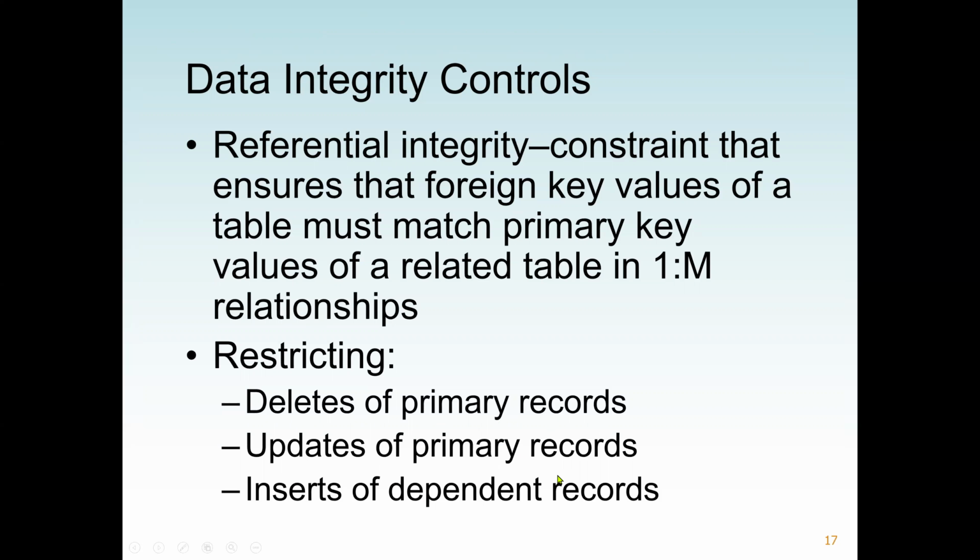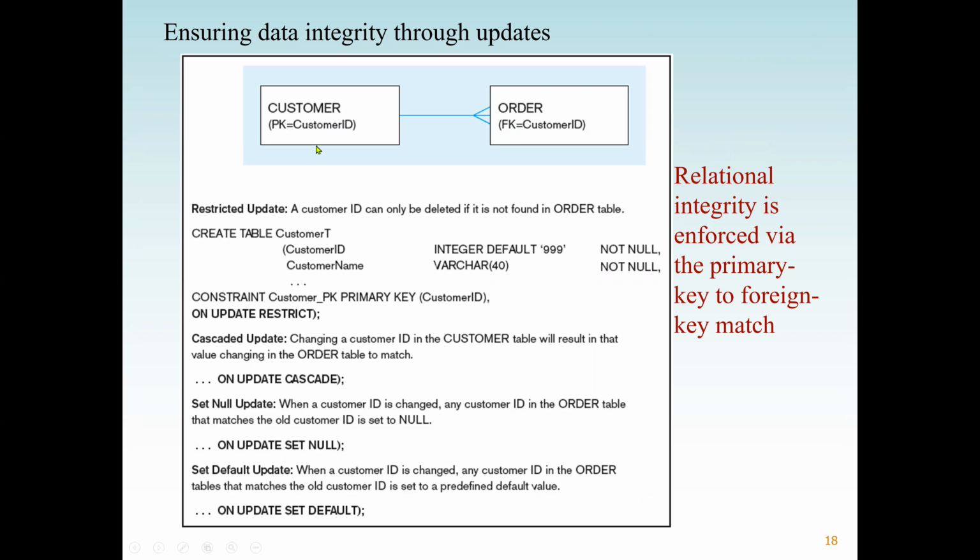In this example, we have a customer. The primary key field is customer ID. In the order table, the foreign key will be customer ID, as I said. So a foreign key is always a field that is a primary key field in another table. So I can create my one-to-many relationship using the customer ID.